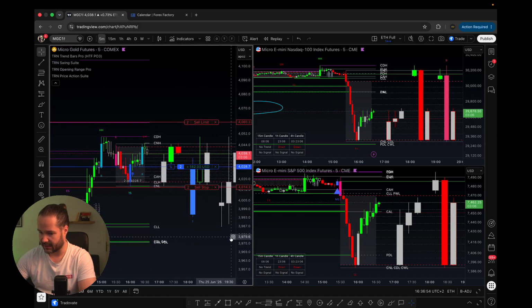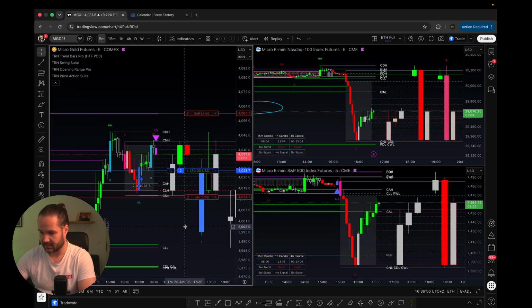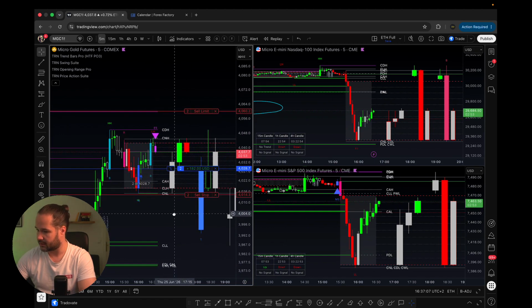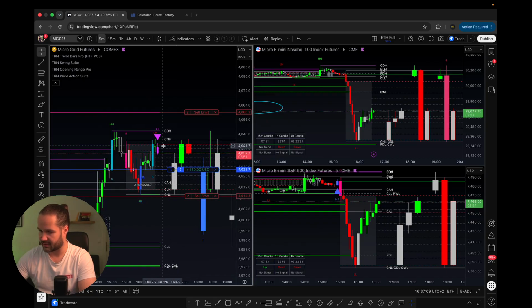That's not what I like to trade, or that's not what I consider a contrarian signal, honestly. And we have the current day high right above, which is really the magnet. So I would only close this position if we get a strong bearish rejection here.